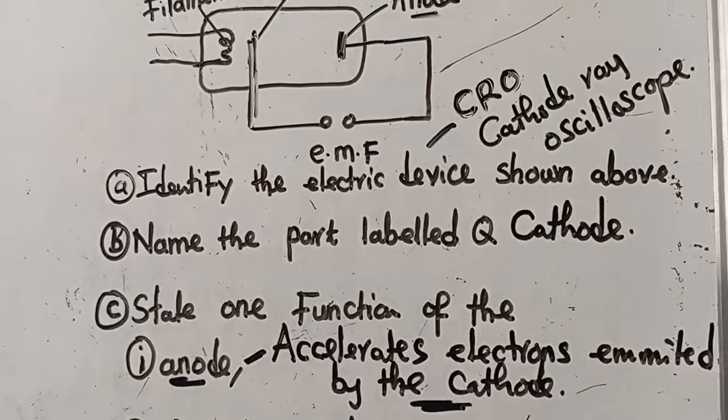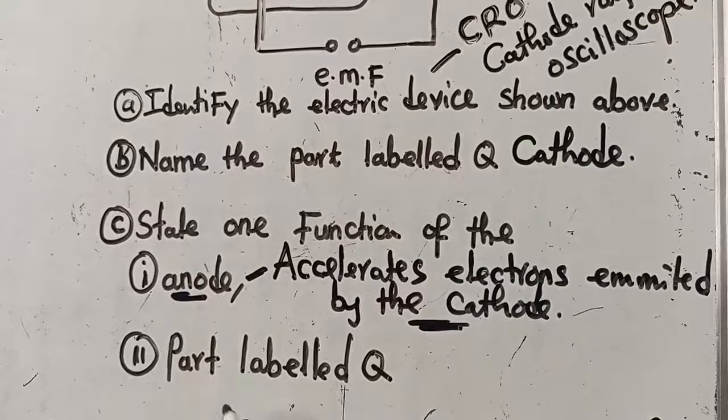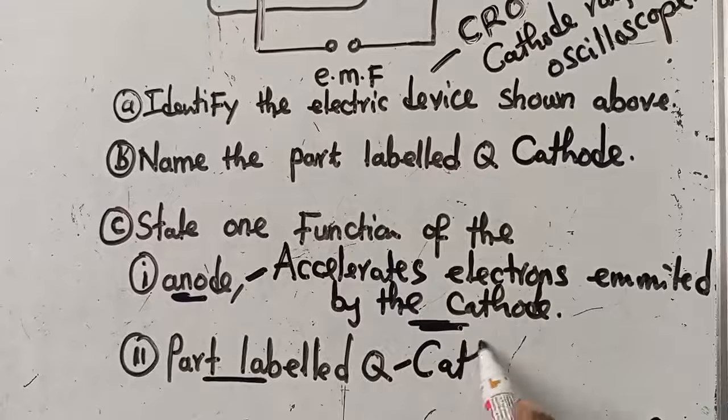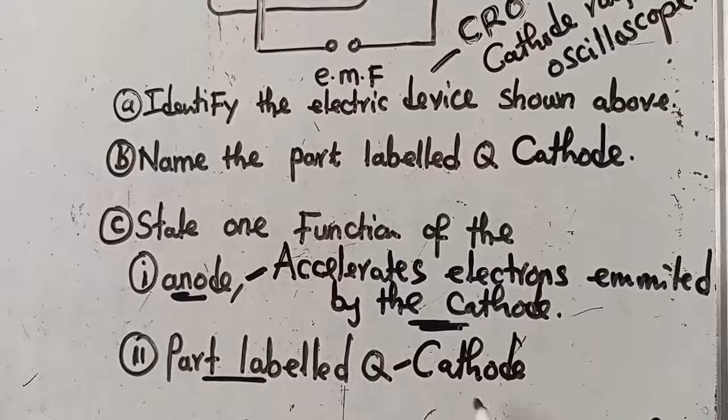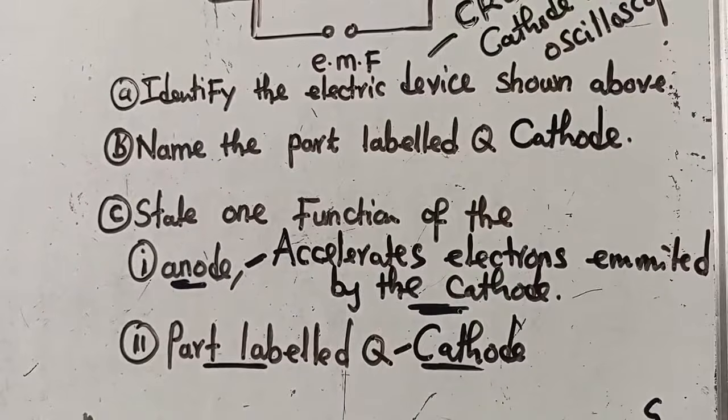So meaning that, in this question, they are telling us the part labeled Q, and you understand that that is the cathode. So what is the function of the cathode? The function of the cathode is to emit electrons.